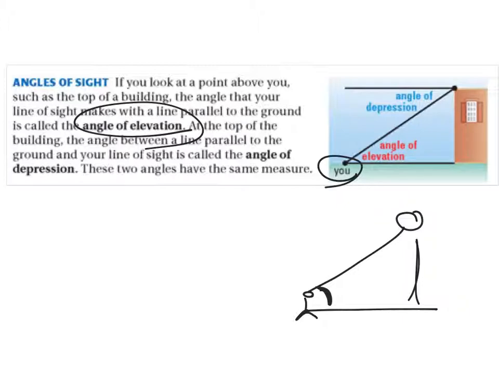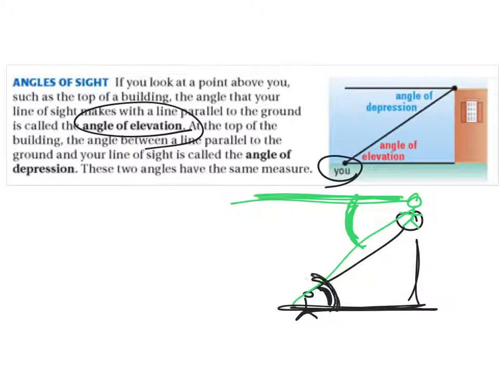If you are standing on a tree and you look down, okay, this angle is the angle of depression. This is parallel. So I've got an angle of depression. Where here, this is the ground, I'm looking up, angle of elevation. These two angles have the same measurement.